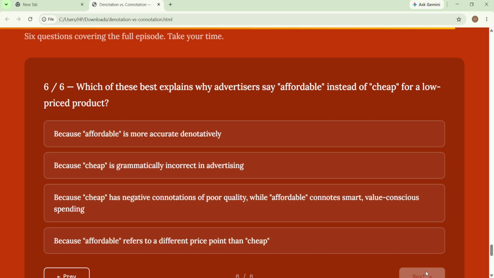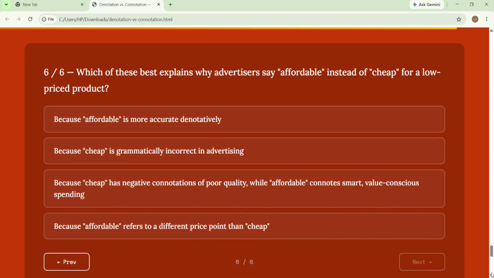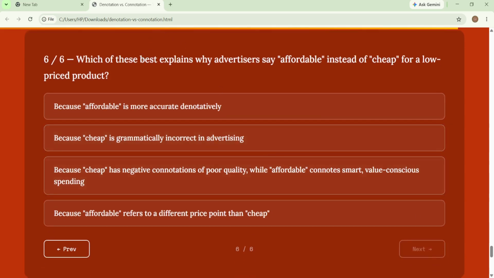So let's move on to the last one: which of these best explains why advertisers say affordable instead of cheap for a low-priced product? Because affordable is more accurate denotatively.